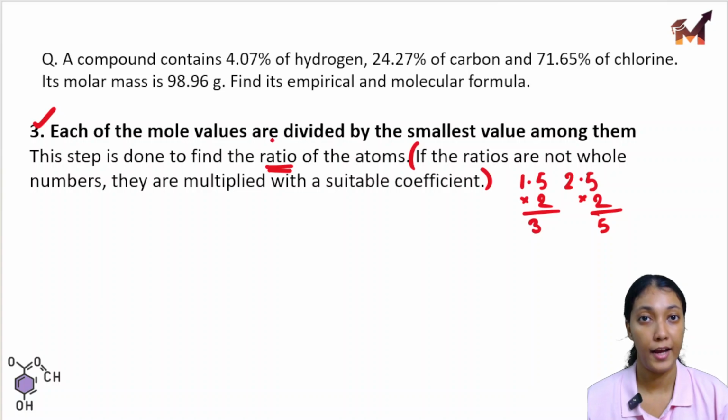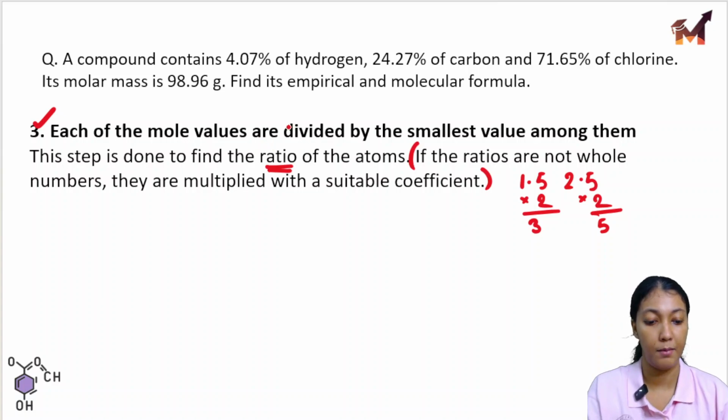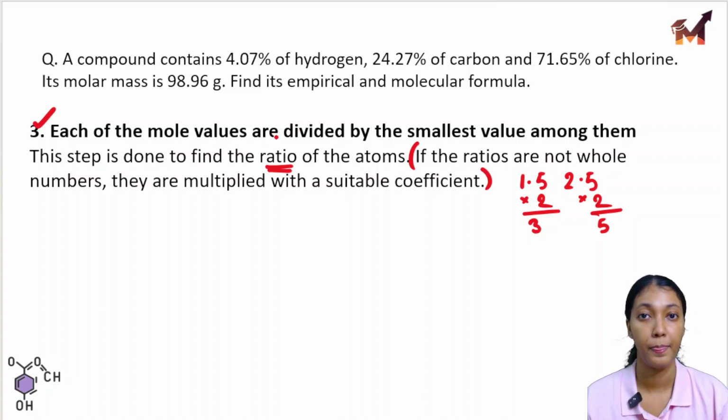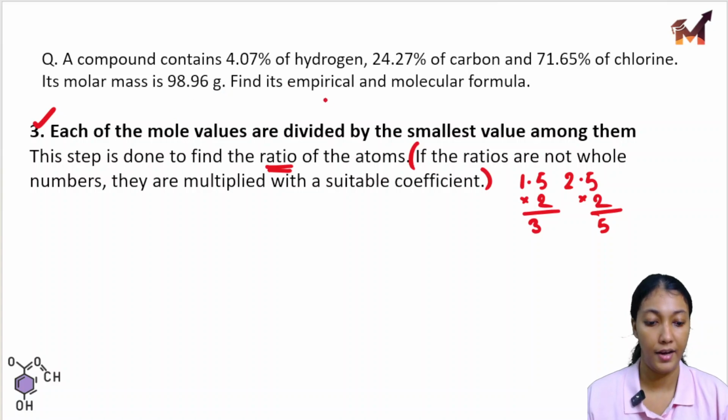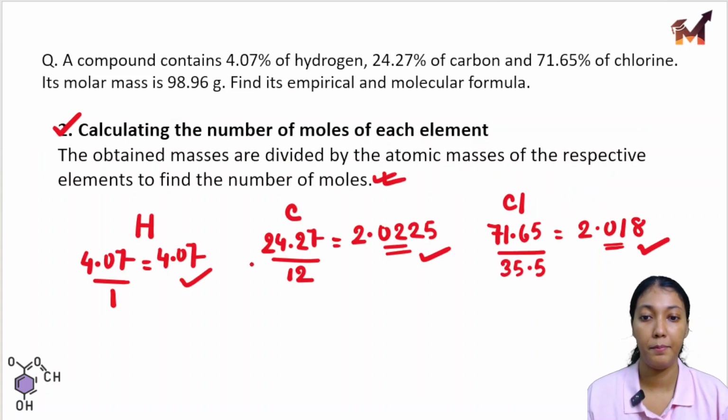जो सबसे कम वैल्यू हमको मिला है प्रीवियस स्टेप में, नंबर ऑफ मोल्स का जो सबसे कम वैल्यू है, we will divide that value to the other values. मतलब यहाँ पे हमारा सबसे कम वैल्यू ये है, which is 2.018. So we will just divide this value with all these values. So we will divide all these values with the lowest value.